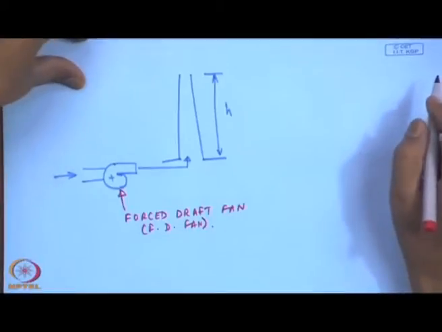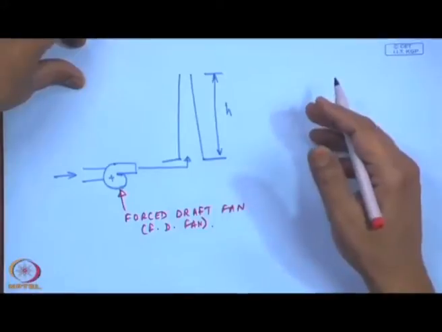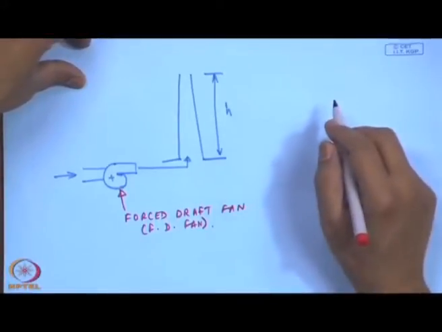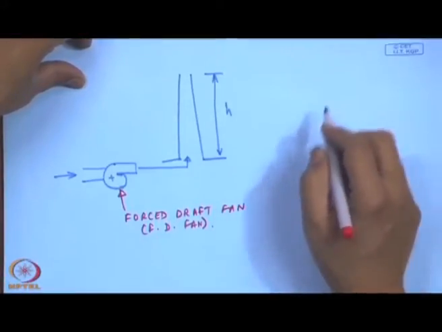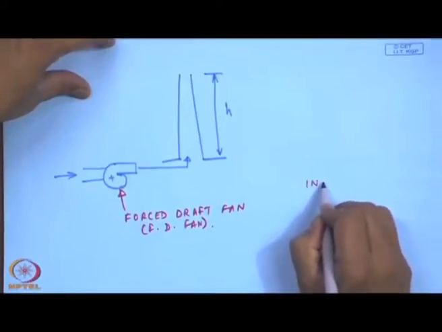Okay. Now, this is one application of industrial fans. Same is true when we want air to come in at pressure for some combustion, and that is known as the induced draft fan.